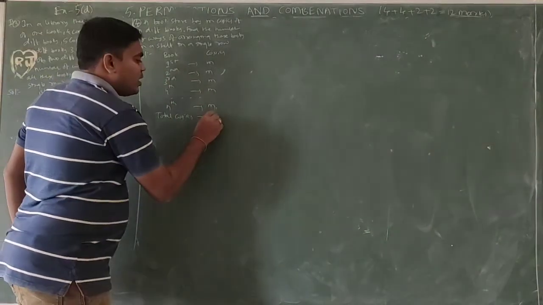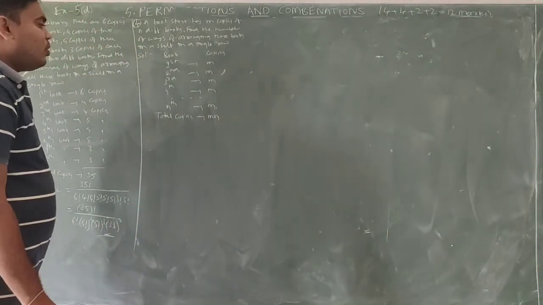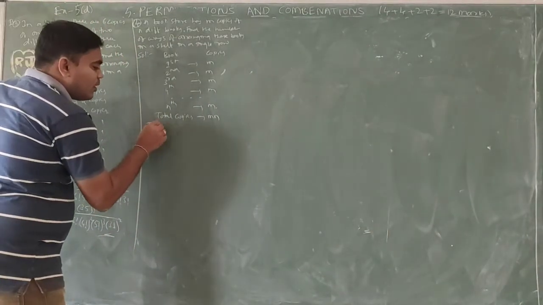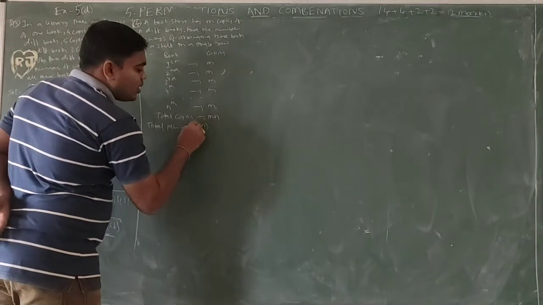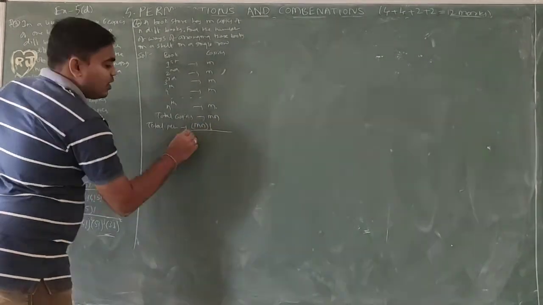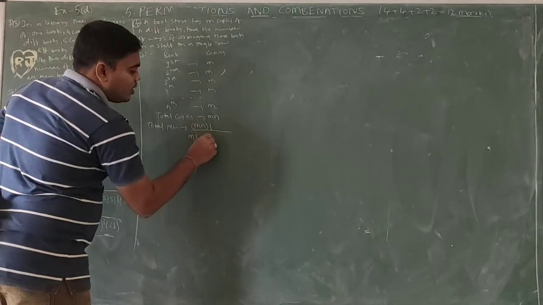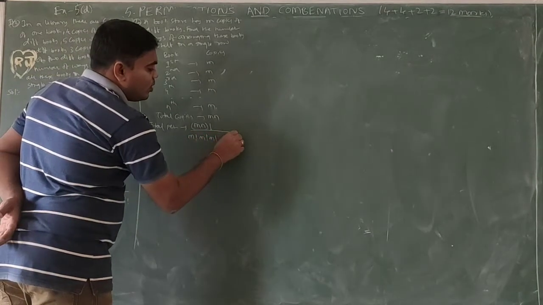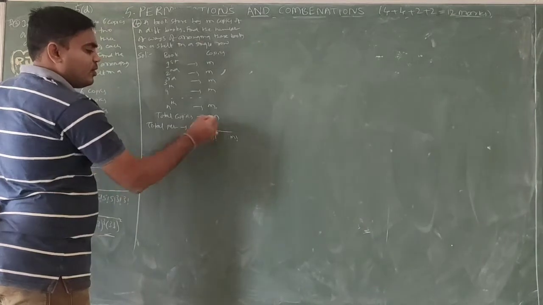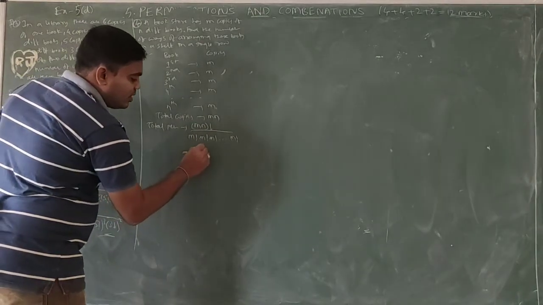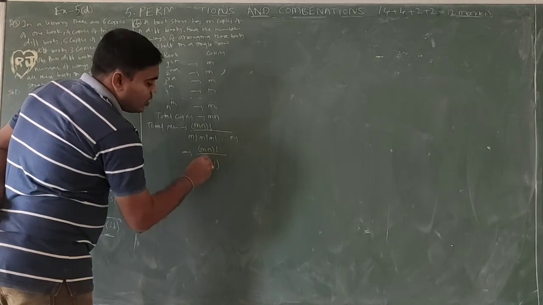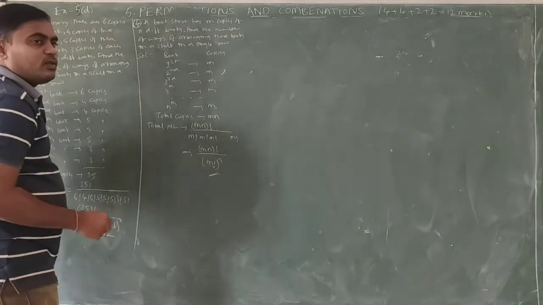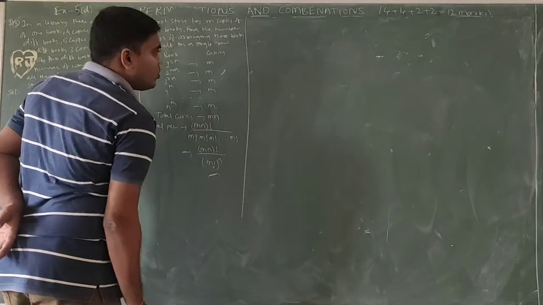So m into n copies. Total copies equal to mn copies. Total permutations equal to mn factorial by m factorial into m factorial into m factorial up to m factorial, n times. Overall mn factorial by m factorial to the power n. So this is the required solution.